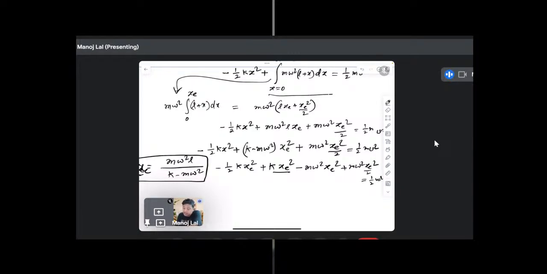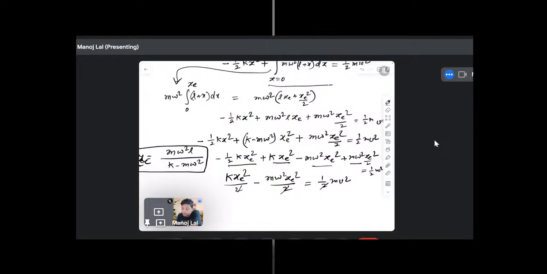So this and this will be k xe square by 2, and this together we will have minus m omega square xe square by 2 is equal to 1 by 2 mv square. So this 2 is out.